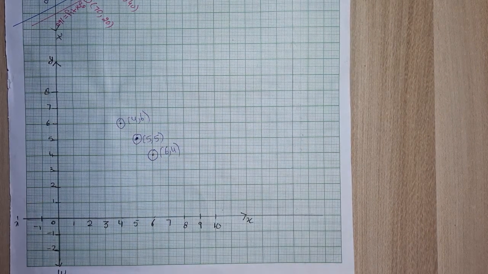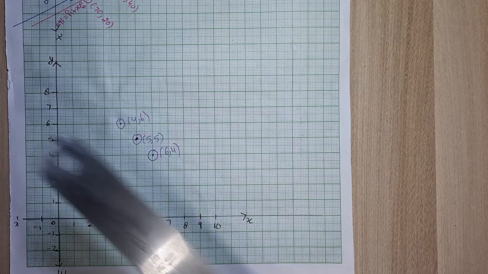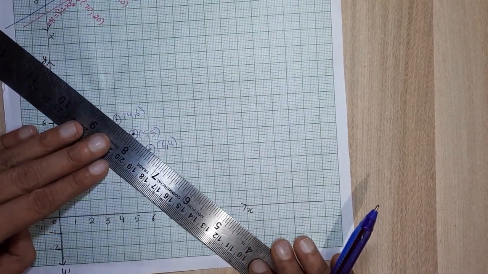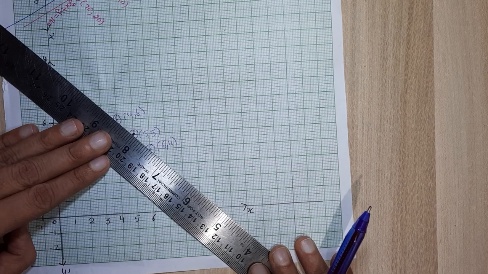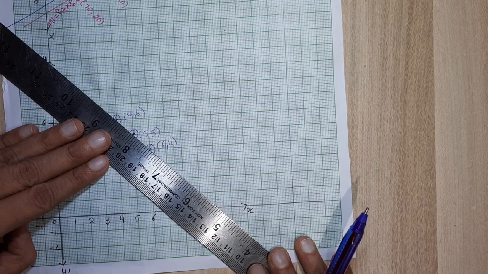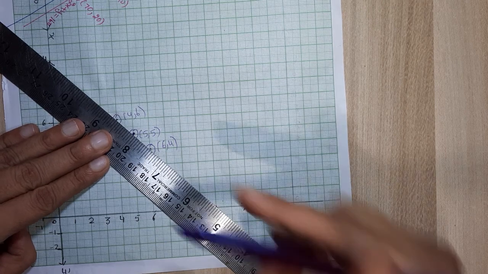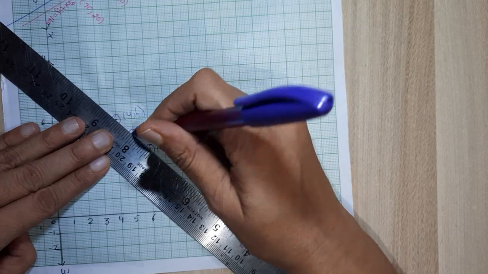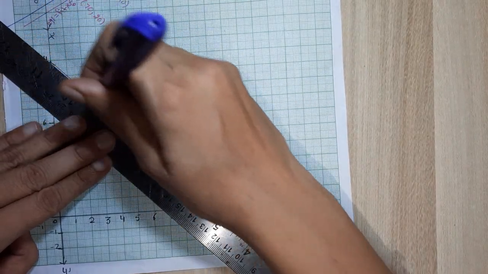Time to draw the straight line. We'll draw a straight line with the help of a scale. See that all 3 points come in a straight line. Yeah, it's going good. 1, 2, 3.